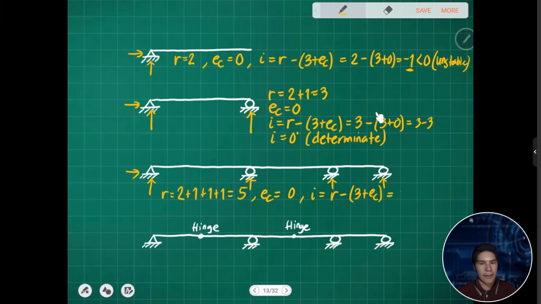So again we have 5 minus 3 plus 0, or 5 minus 3, so that is equal to 2.